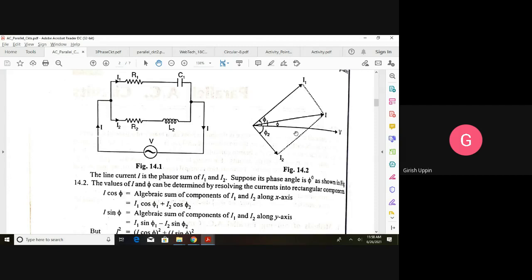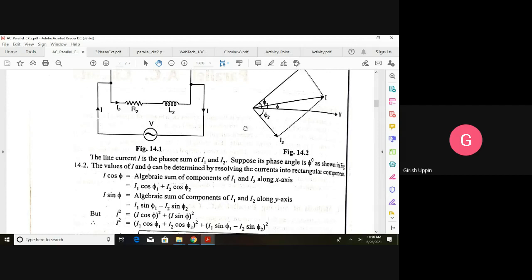Similarly, for I1, on the x-axis it is I1 cos phi 1, and on the y-axis I1 sin phi 1. So you can see here, we have two components calculated. I cos phi is equal to the algebraic sum of components of I1 and I2 along the x-axis, that is I1 cos phi 1 plus I2 cos phi 2.